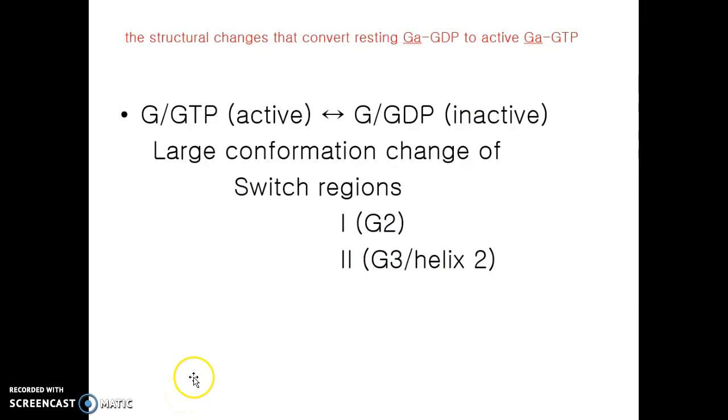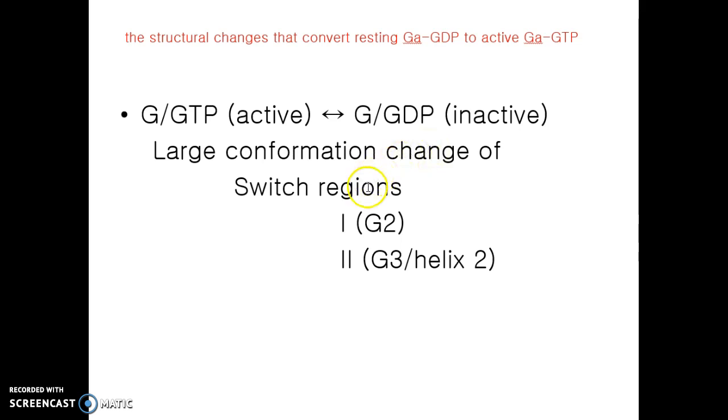Now it's time to figure out structural changes that convert the resting G-alpha GDP to the active G-alpha GTP complex. Two regions in the Ras molecule undergo large conformational changes when the molecule switches from the active GTP bound form to the inactive GDP bound form.